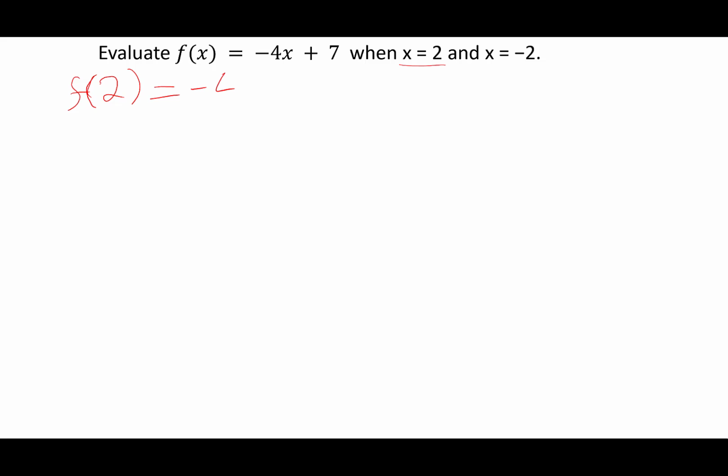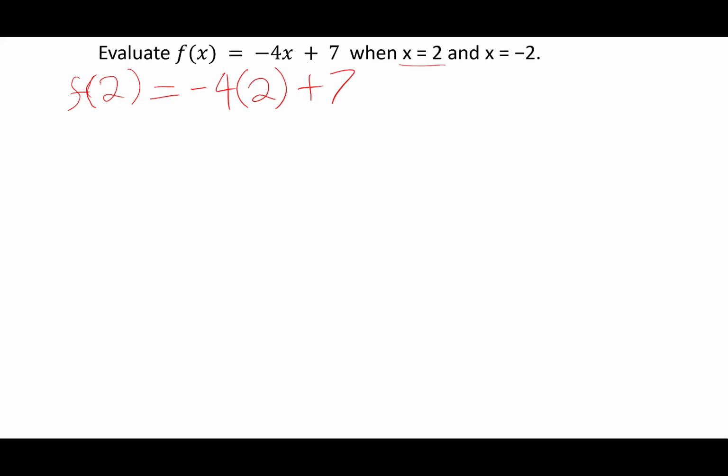Or remember, f of x is the same thing as y. So I could take this and say y is equal to negative 4 times 2 plus 7. But we're going to focus on this up here.